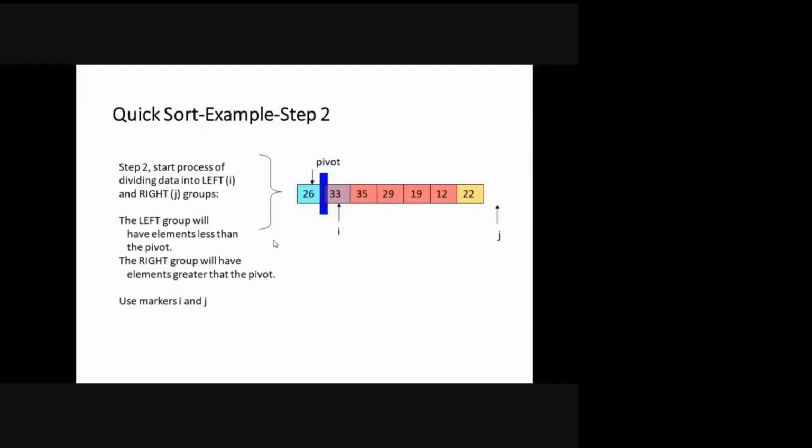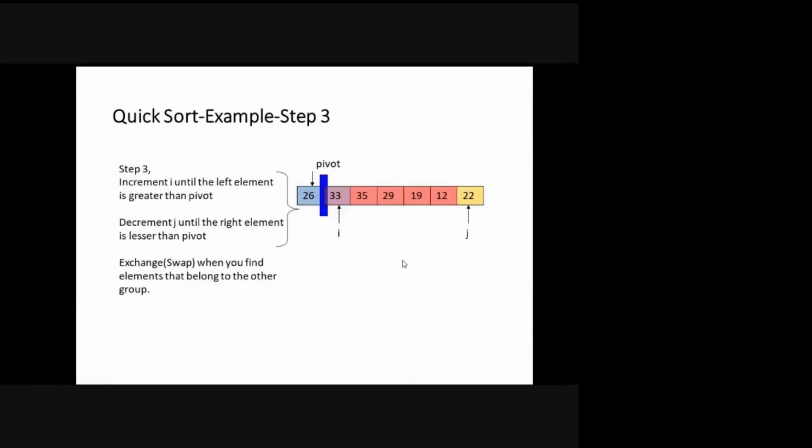So I am going to start the process now. Here we are comparing the pivot element with each element of the group by incrementing I and decrementing j. That is the procedure actually.